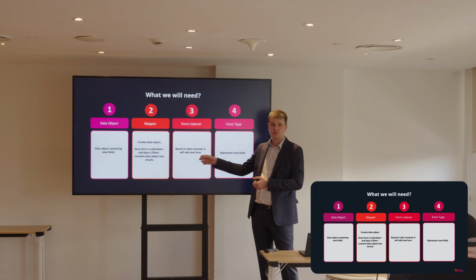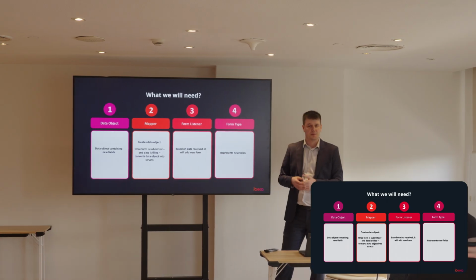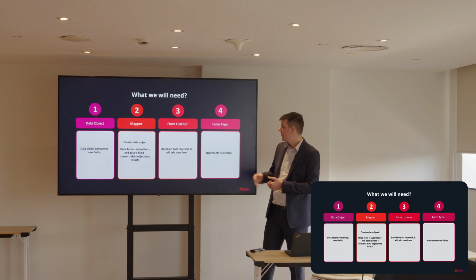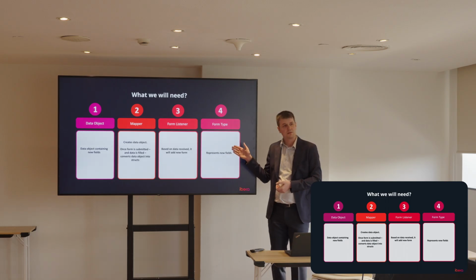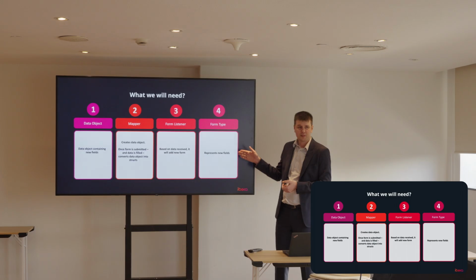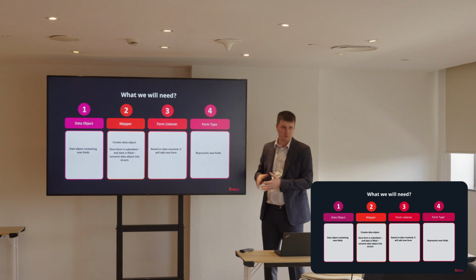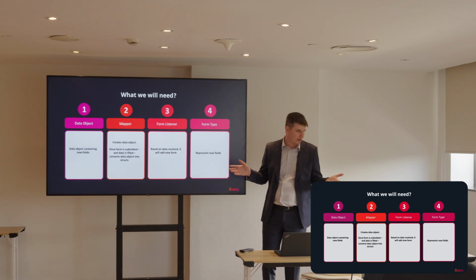We also need a form listener that will be responsible for adding the fields to the form type. And technically, this is an optional thing. You could create a form type dedicated to this particular data shape. And I think it's a good thing to do. It's really simple, and why not?